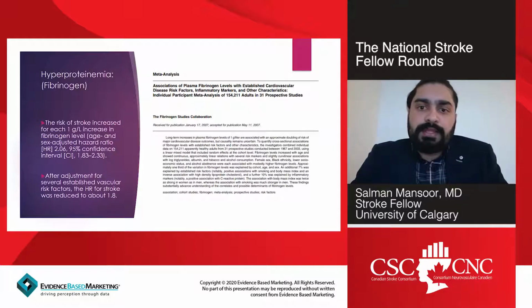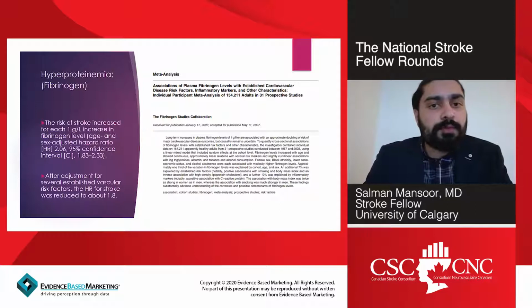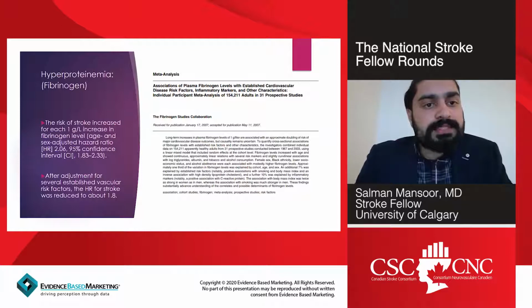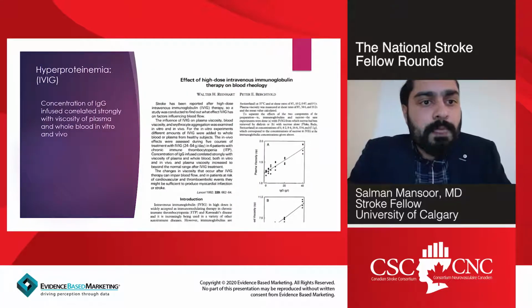What they came to a conclusion on was that the risk of stroke increased for each 1 gram per liter increase in fibrinogen levels. The age- and sex-adjusted hazard ratio was calculated to be around 2.06, with a confidence interval of 1.83 to 2.33. After regression analysis and adjustment for several established vascular risk factors, this hazard ratio was still very high, at 1.8, which supports this hyperproteinemic state and blood viscosity theory.